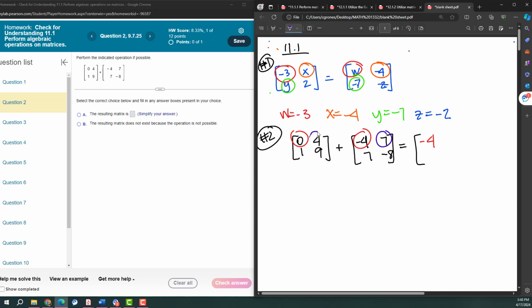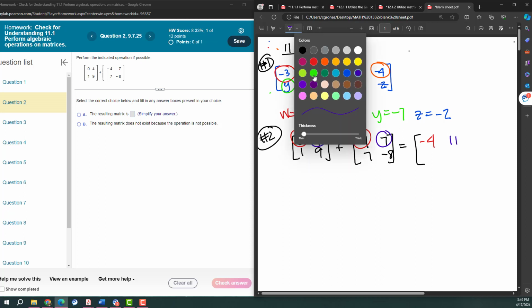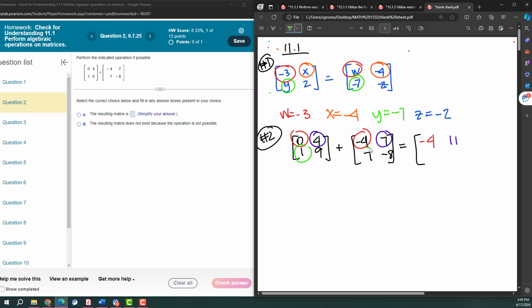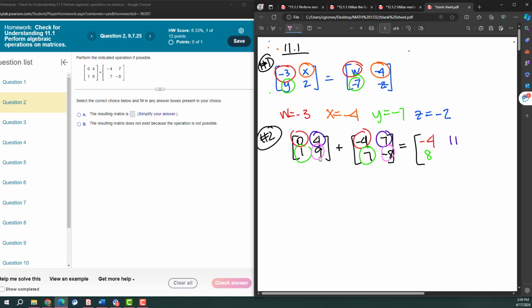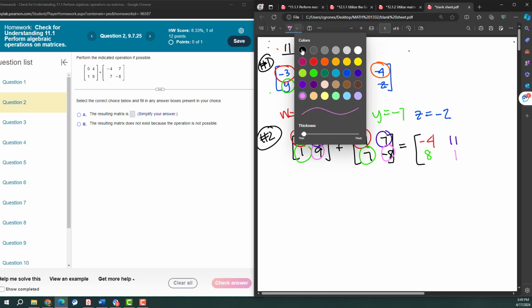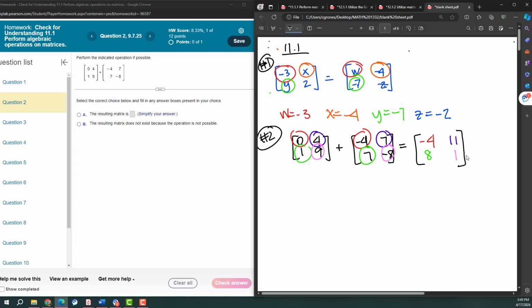We've got 4 and 7. 4 plus 7 equals 11. We've got 1 and 7. 1 plus 7 equals 8. And then the last one, we've got 9 and -8. 9 plus -8, same thing as 9 minus 8, equals 1. So this would be our final answer.